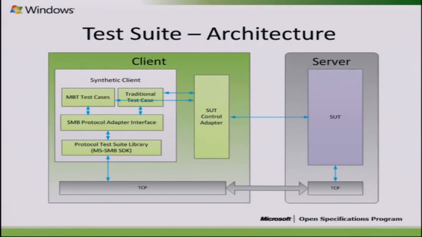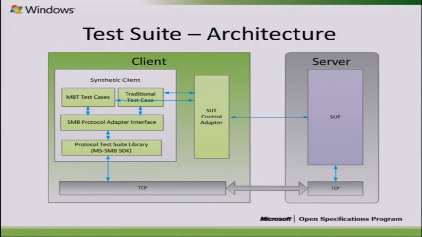And this is the SMB SDK, which encapsulates methods such as parsing and generating packets. We have two kinds of adapter: one is the protocol adapter, and the other is the SUT control adapter. The SUT control adapter is implemented using PowerShell. The protocol adapter calls the SDK to generate and send the request to the target server.